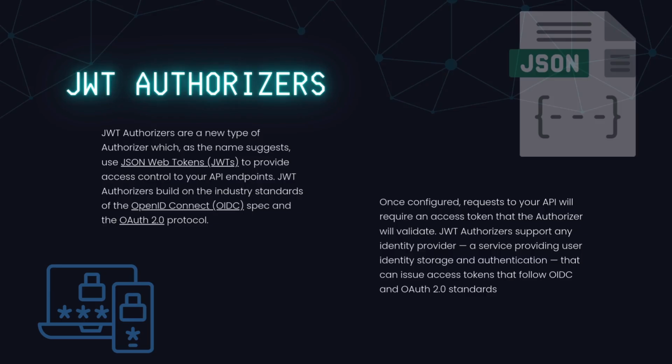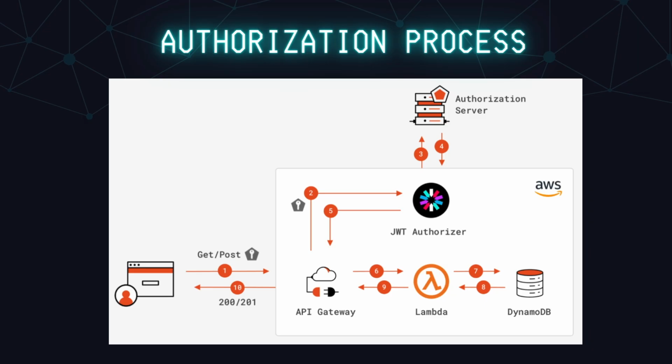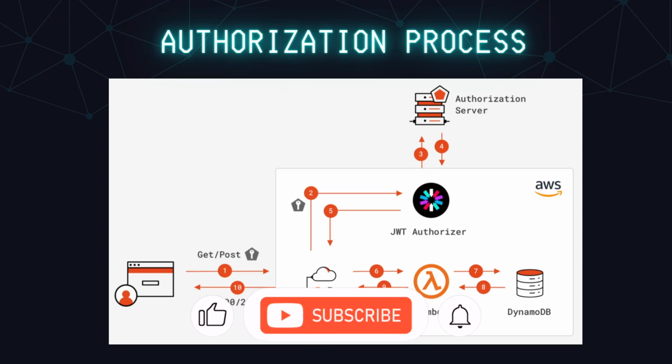Now, on the next slide, I will elaborate how a JWT authorization process actually works. So if you look into the picture, if you follow the digits, you will be able to see the series of steps that happen whenever a GET or POST request is made to a server.